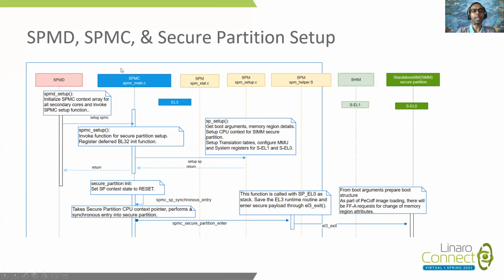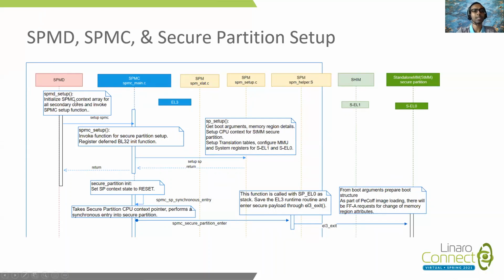The SPMD, SPMC, and secure partition setup routines are shown in this picture in a bit more detail. So the SPMD setup routine is the first one to kick in.